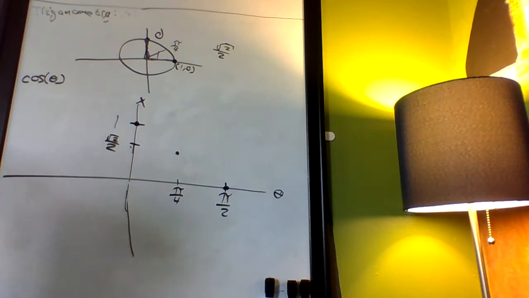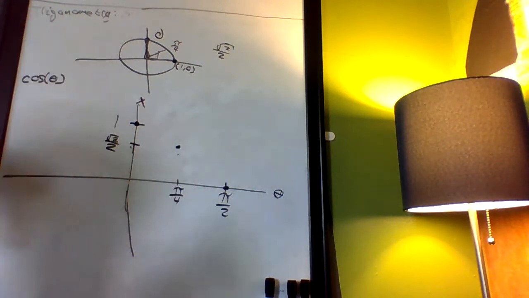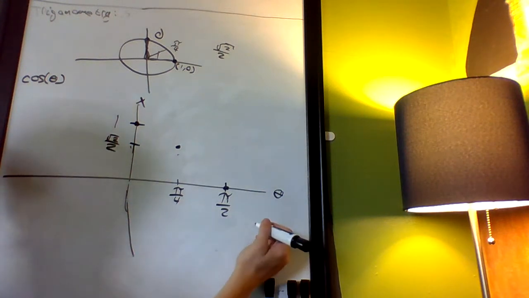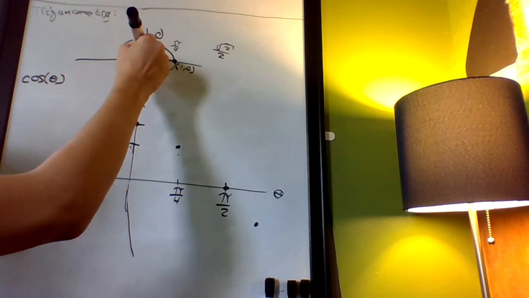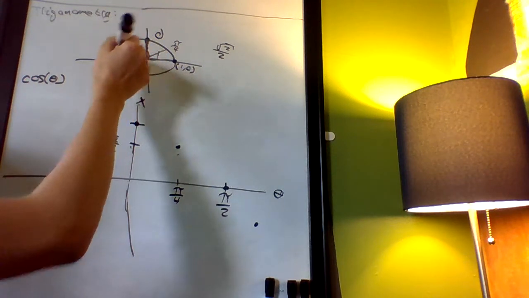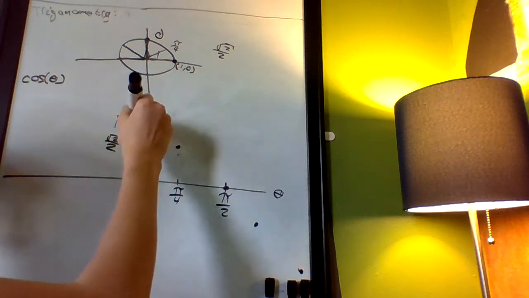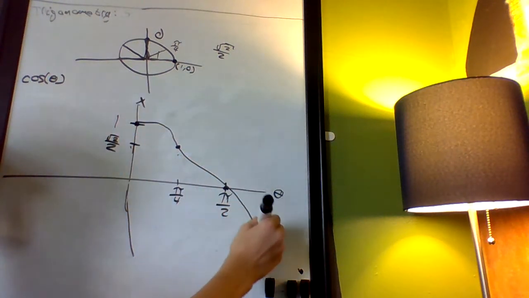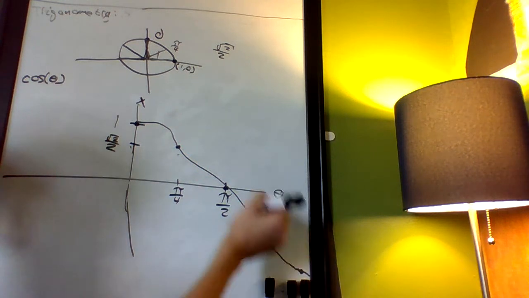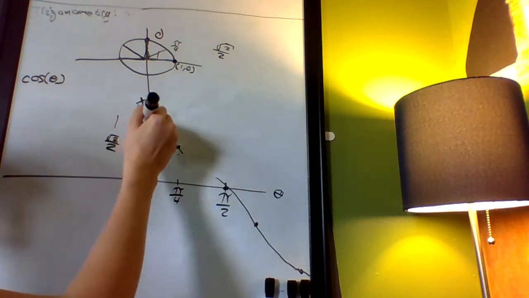If I keep going, I'm going to go back down to negative square root of 2 on 2, because now we're on the other side, then to negative 1, and then back up. It kind of follows this wavy pattern. I drew that really badly.